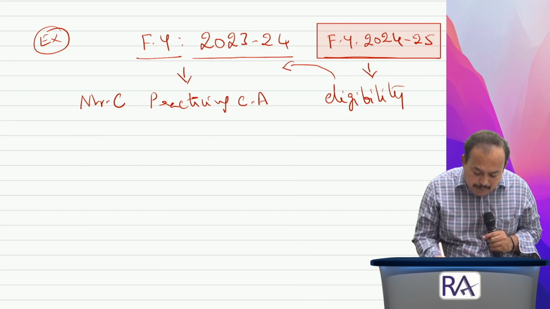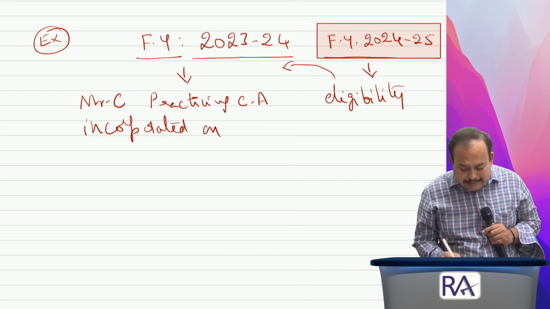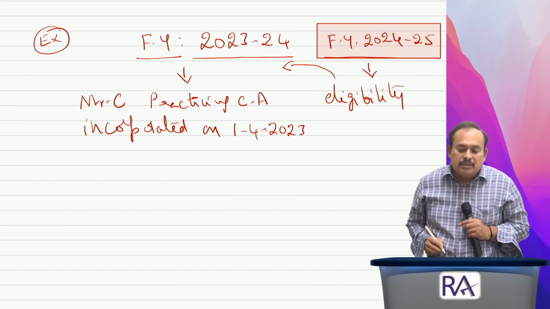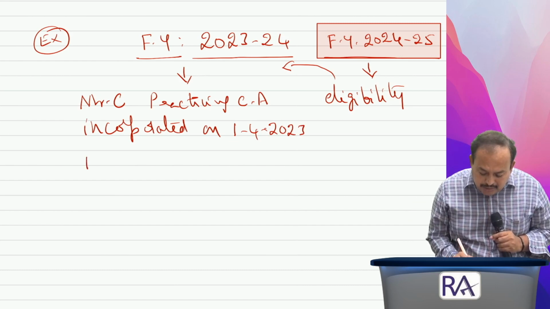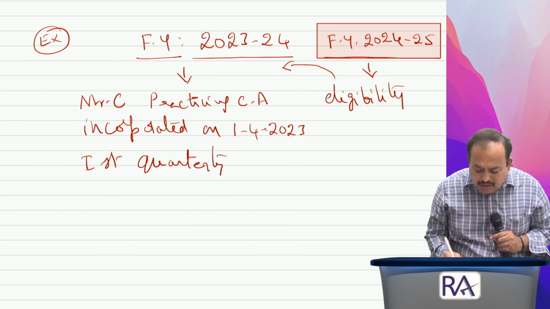Incorporated. When you incorporate your business, for example, my dear friends, exactly on 1st April 2023 you incorporated. Now here, first quarter, because quarterly you are liable to pay in the composition scheme.